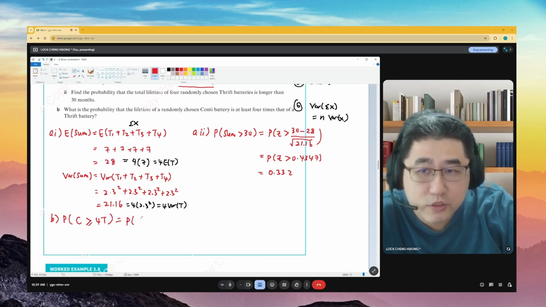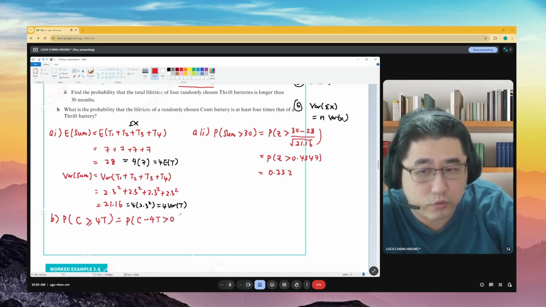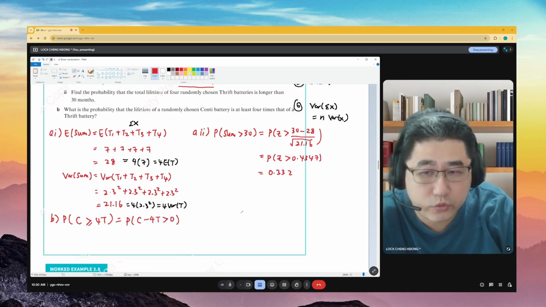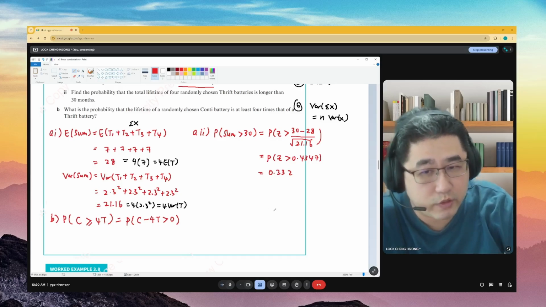So I have C minus 4T greater than 0. Then I need to find my expected of C minus 4T and the variance of C minus 4T.